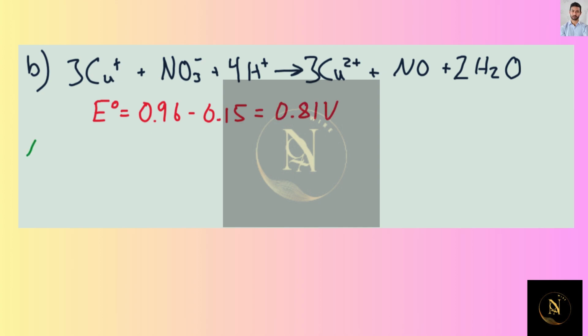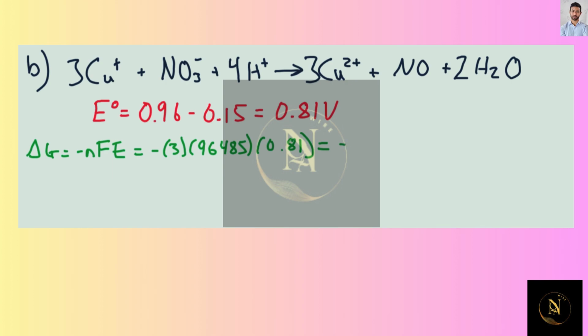So now we can calculate delta G, which is equal to negative nFE. In this case, we're transferring 3 electrons. Faraday's constant is 96,485, and our E, which we just calculated, is 0.81.